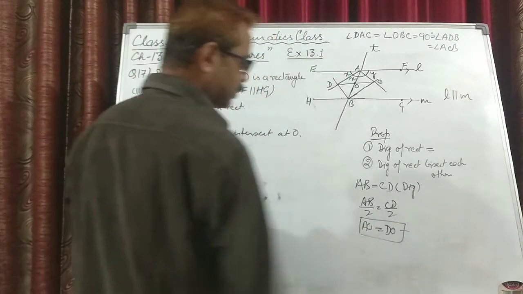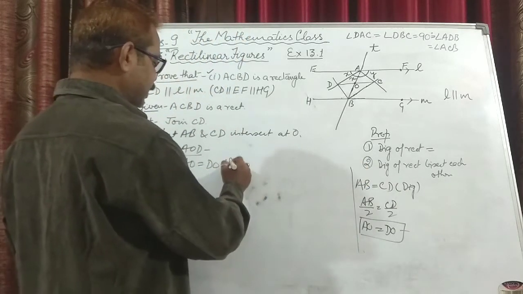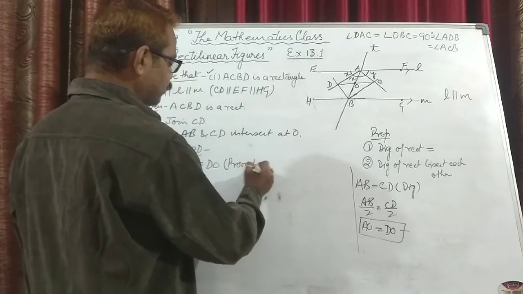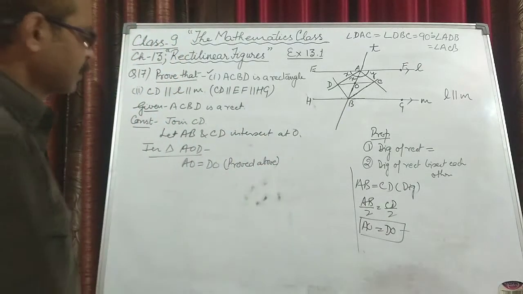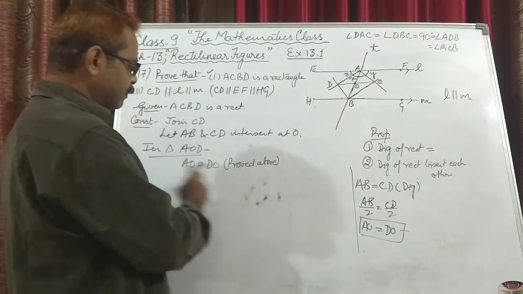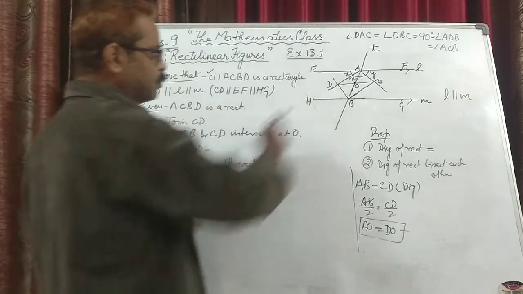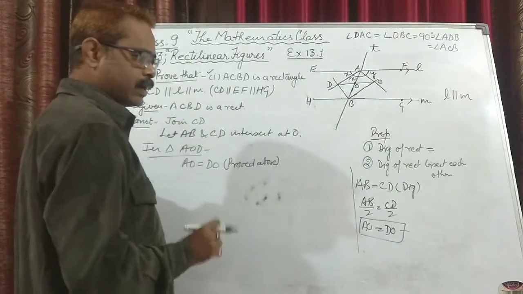Why? Proved above. It's not important to write, but just to make you understand, I have written proved above. Why is AO equal to DO? Because we know that AB and CD are equal. These are the diagonals of the rectangle.